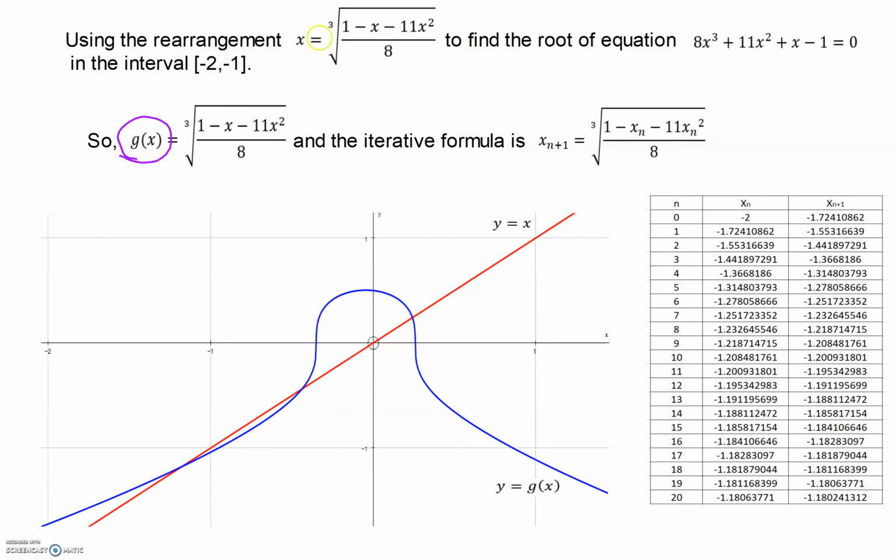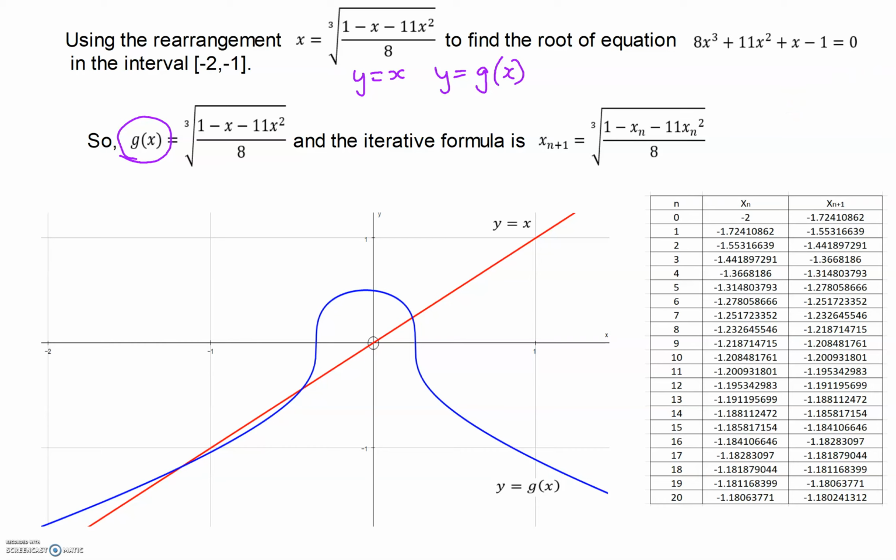As you know, when we have rearranged the equation at the top, we're then going to draw 2 graphs, y equals x and y equals g of x, which is going to be our rearranged right hand side. And so g of x in this particular case is the cube root of 1 minus x minus 11x squared all over 8.